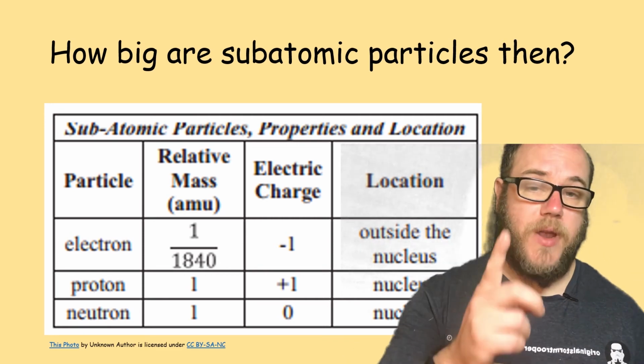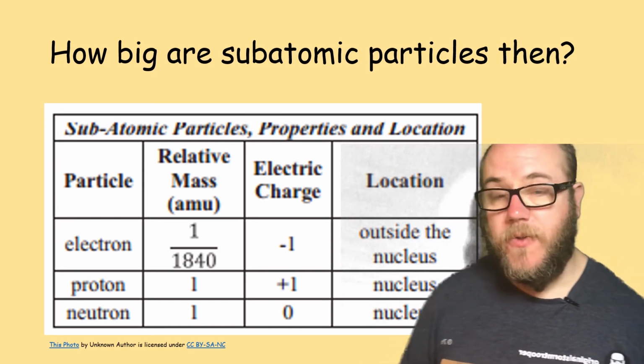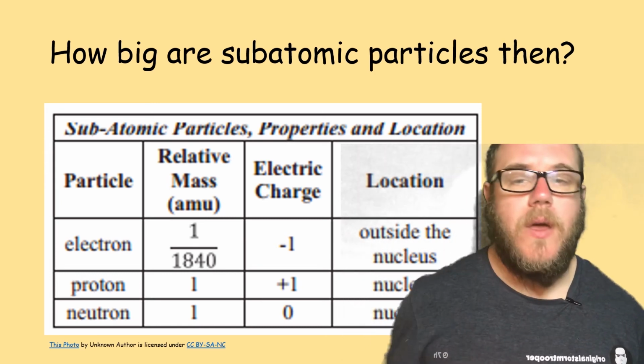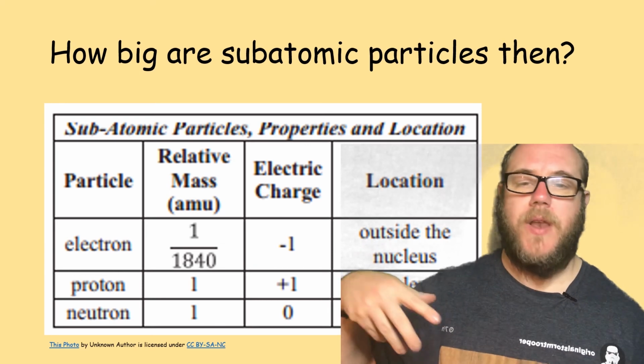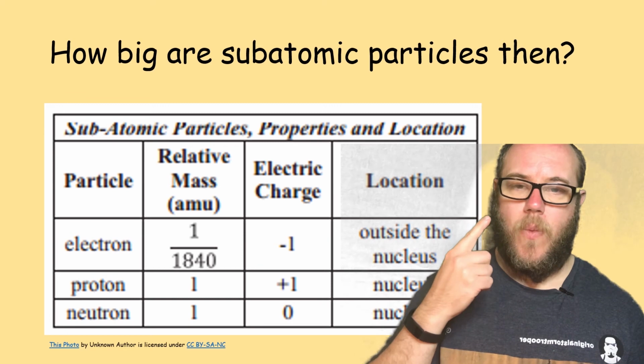So a charge of -1 is the charge of an electron. Protons and neutrons weigh the same. They have a relative mass of 1. We ignore the ridiculously silly number, 10 to the minus 27, and so we just say it's 1.